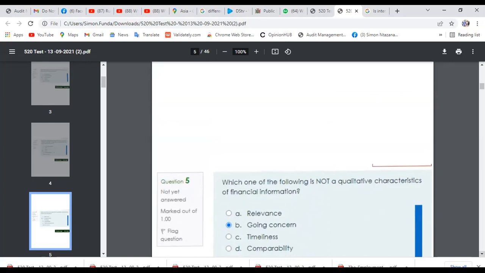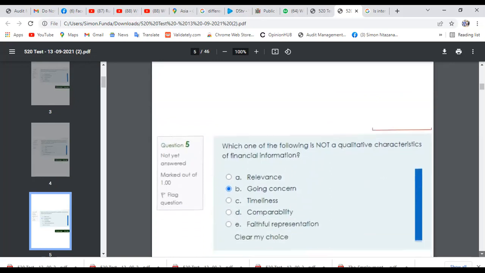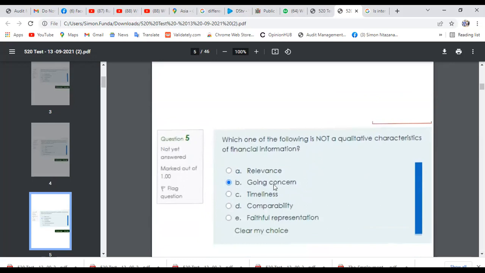Okay, I'm sure you have read on qualitative characteristics of financial information, where we learn that the information we are providing to the intended users is supposed to be of the quality it deserves, so that users, as they use this information, will be able to make informed decisions.